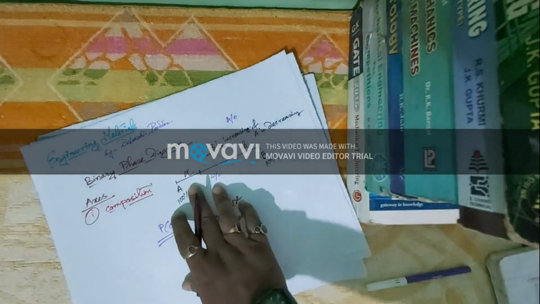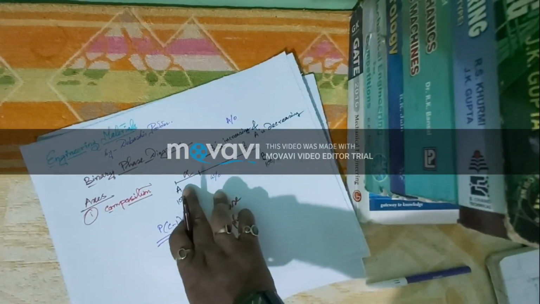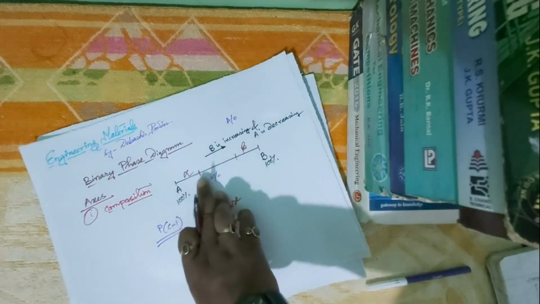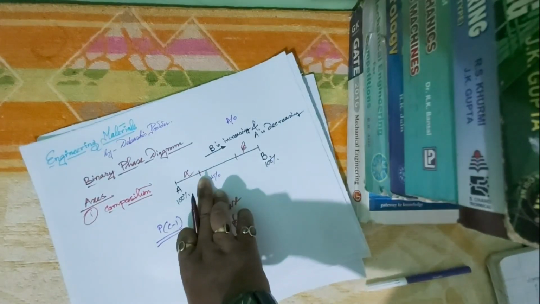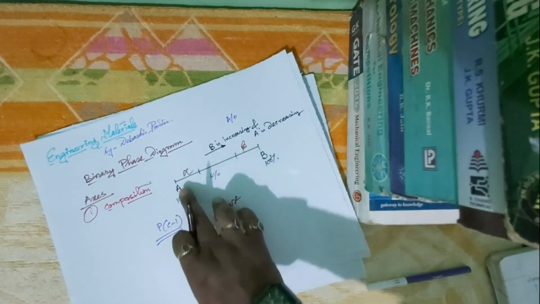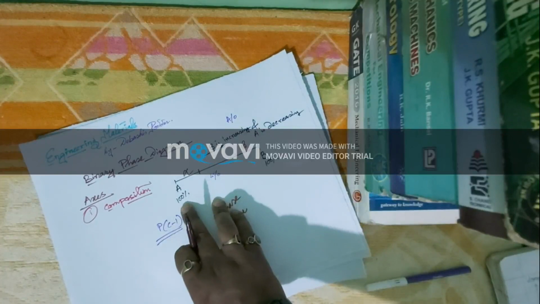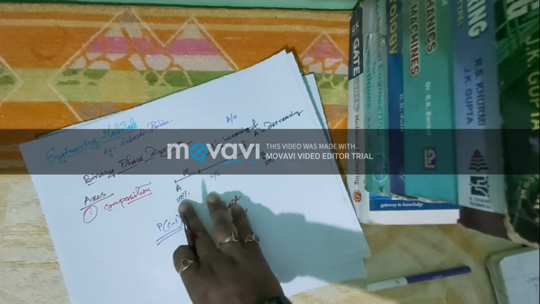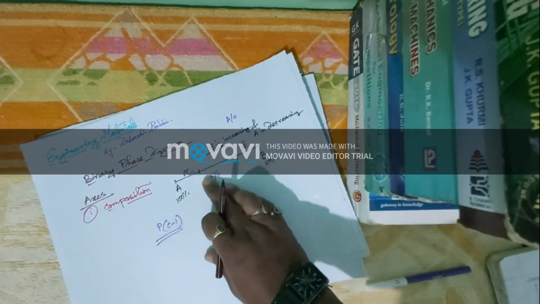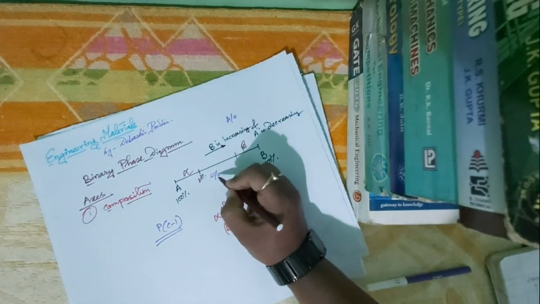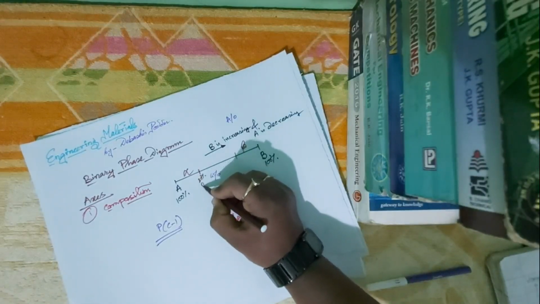So what is alpha phase and what is beta phase? Alpha phase consists of 0 to 30% of B. On the left hand side, B is 0% and A is 100%. So from the left hand side to that point, it is 30% of B, and obviously it is weight percentage.